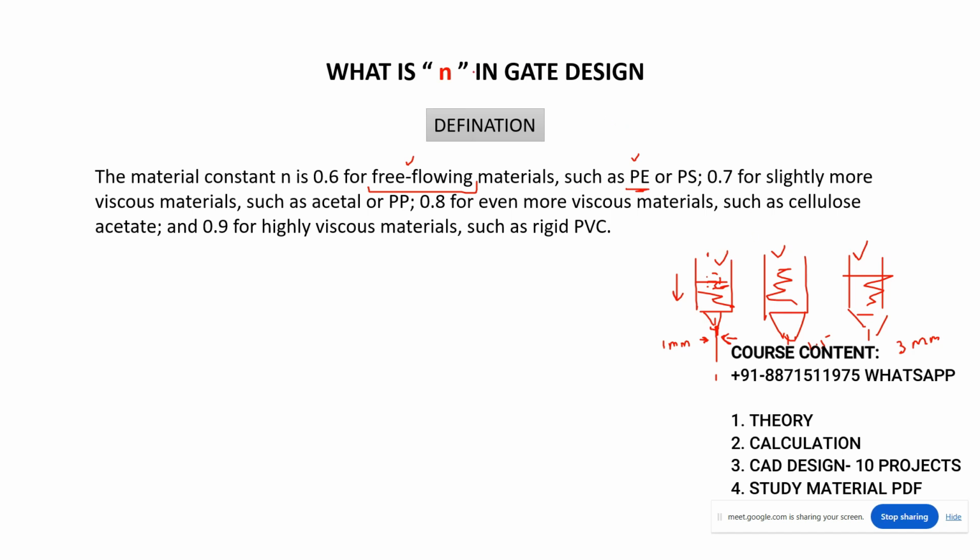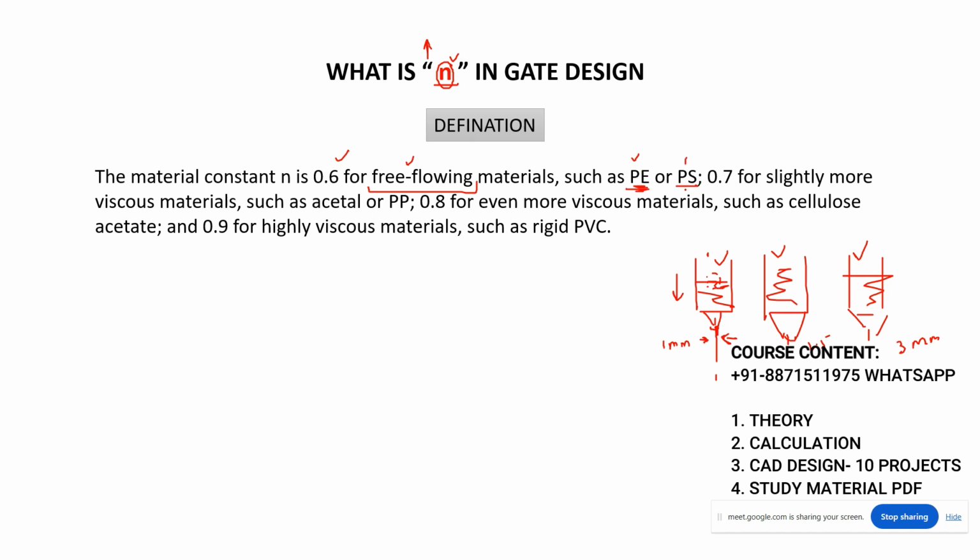As I told you, n is a constant value depending upon the material, and the material has a viscosity property. So depending upon that, for a more viscous material this n value will be greater. You can see 0.6 for the PE material, polyethylene.